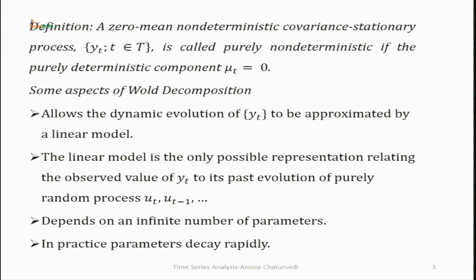Now, some of the important aspects of Wold decomposition are as follows. It allows the dynamic evolution of y_t to be approximated by a linear model. So, it represents y_t as a linear function of u_t's and past values of u_t's.